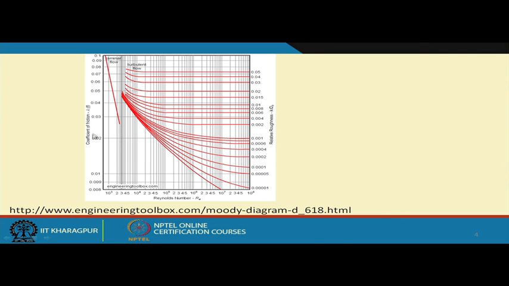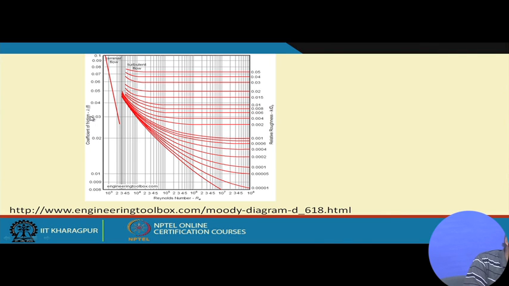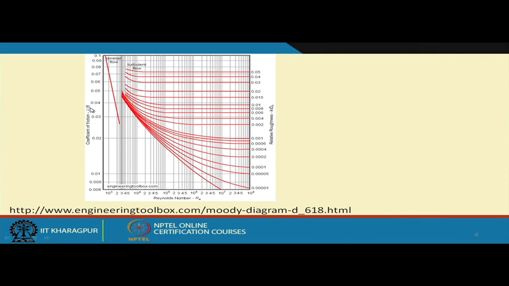Here you see, this is that coefficient of friction, either as lambda or f, which we normally write in terms of lambda or f, right. And this is the Reynolds number, both are in log scale. So, in log scale both are there, and this is that relative roughness which we said epsilon by d, right.